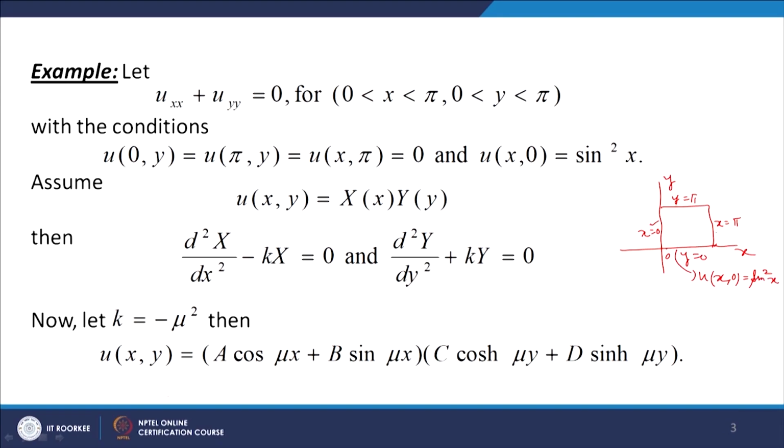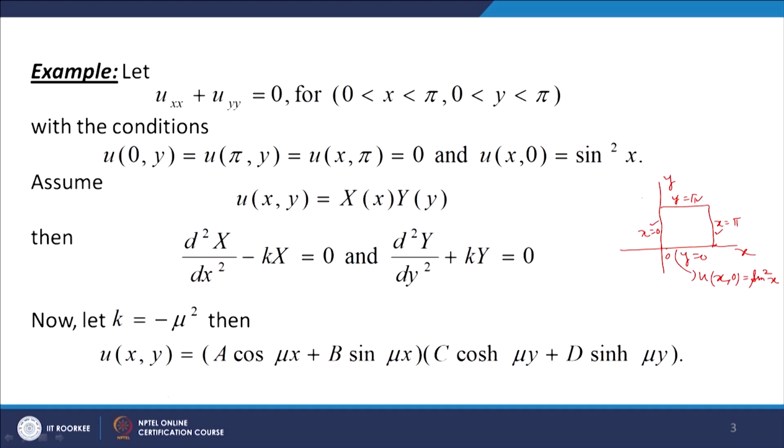This end and this end, these three ends are kept at 0. I mean, if you call u as a temperature, these three ends are kept at 0 temperature. We have to find the steady state temperature in the rectangular plate at any point x, y, where 0 is less than x less than pi, 0 is less than y less than pi.